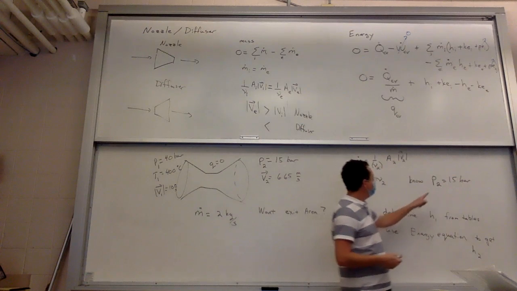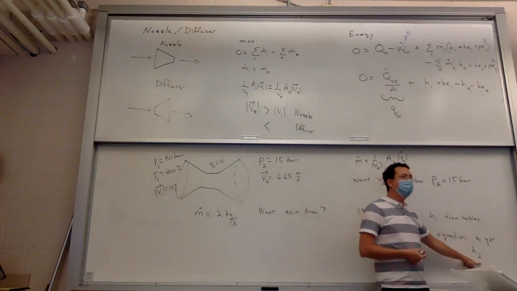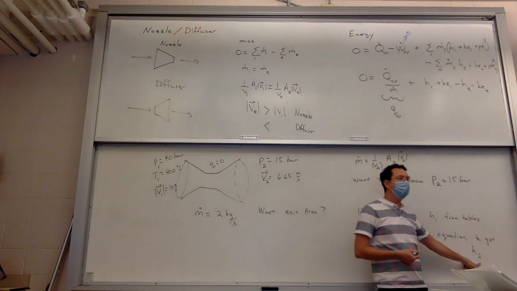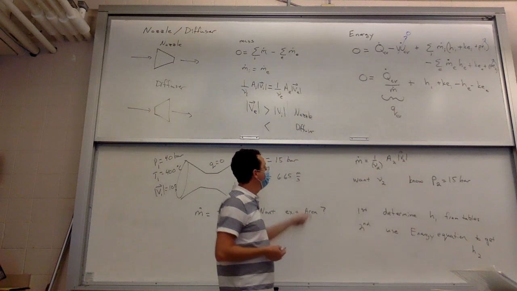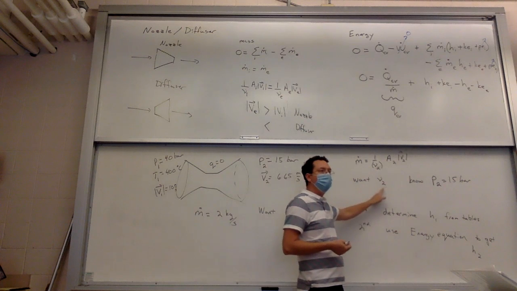Once you do that, you will know a pressure and an enthalpy. You can use that, and maybe interpolate, to find the specific volume at state 2.